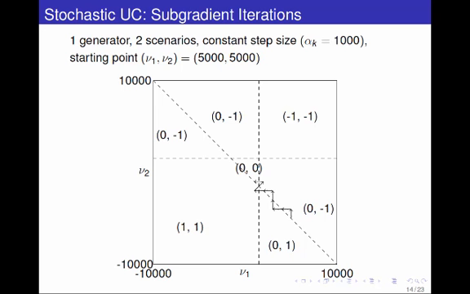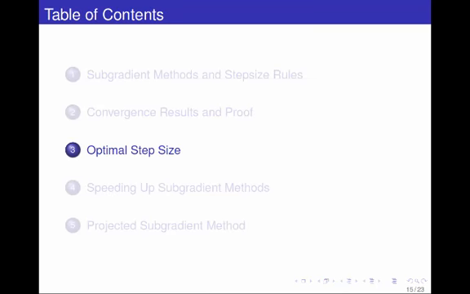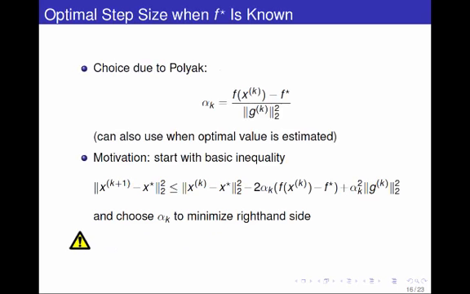Okay, so there's a couple of practical ways you can speed this up, and this one, in my experience, functions extremely well. You can set at each iteration k your step size equal to the difference of your current function value and f star.